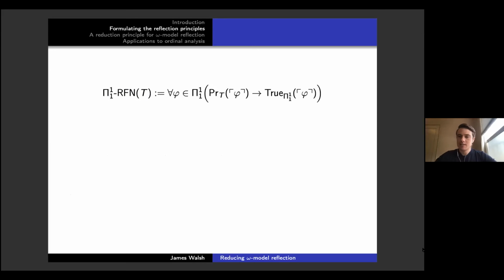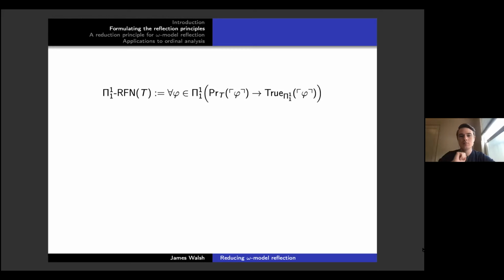So here's a syntactic reflection principle, pi11 reflection for t. So pi11 reflection for t says that for every pi11 sentence phi, if t proves phi, then phi is a pi11 truth. So remember, pi11 is the complexity class that we get from a universal set quantifier and an arithmetic matrix.